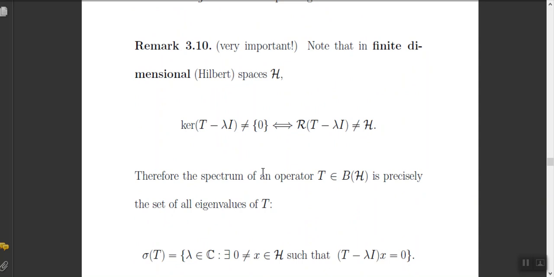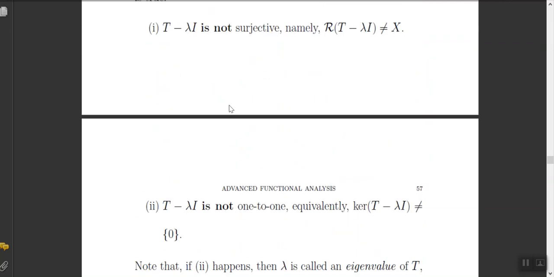And this is equivalent to saying that the kernel of T minus lambda I is not 0, or the range of T minus lambda I is not equal to H. But in finite dimensional spaces, these two statements are equivalent. It means cases 1 and 2 are equivalent.